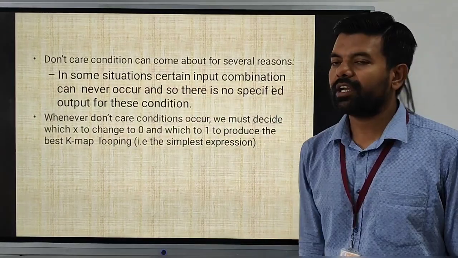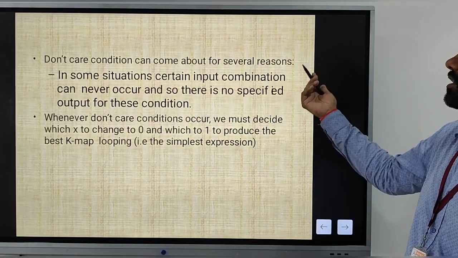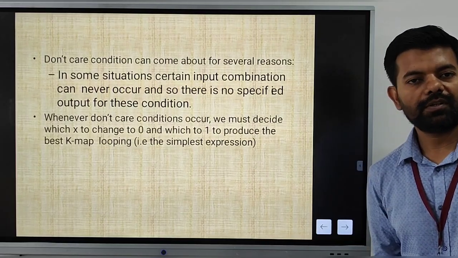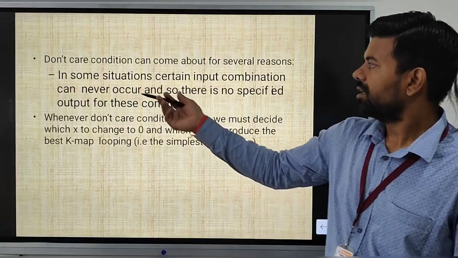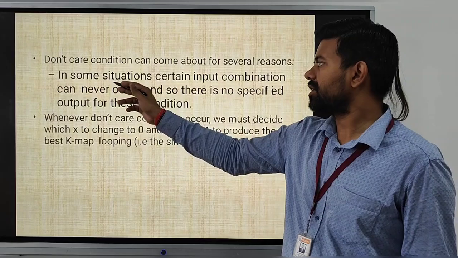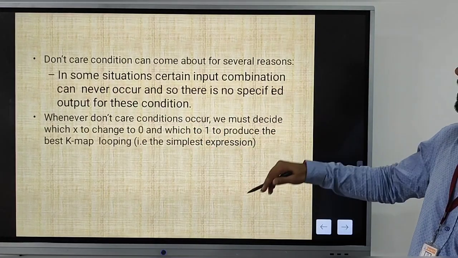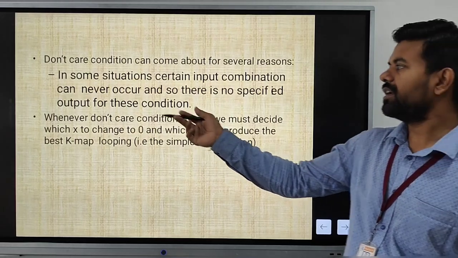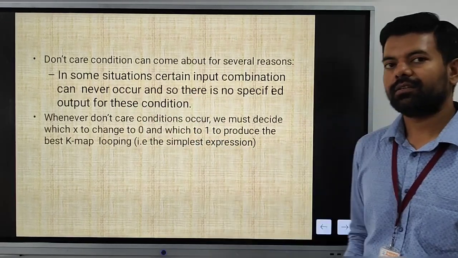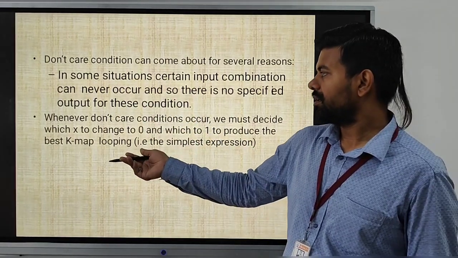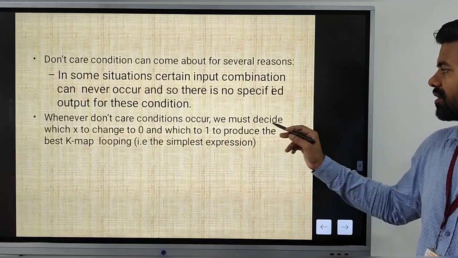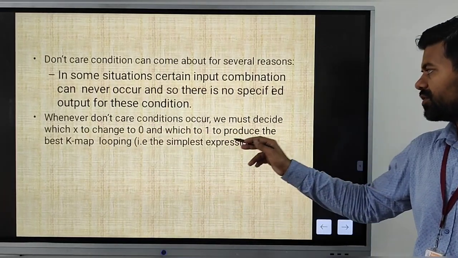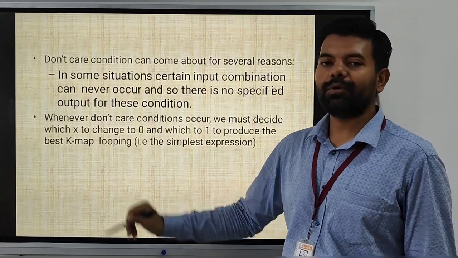Don't care conditions can come about for several reasons. There are many reasons why don't care conditions appear in the K-map. In some situations, certain input combinations can never occur, and so there is no specified output for that condition. Whenever a don't care condition occurs, we must decide which x to change to 0 and which to 1 to produce the best K-map looping.